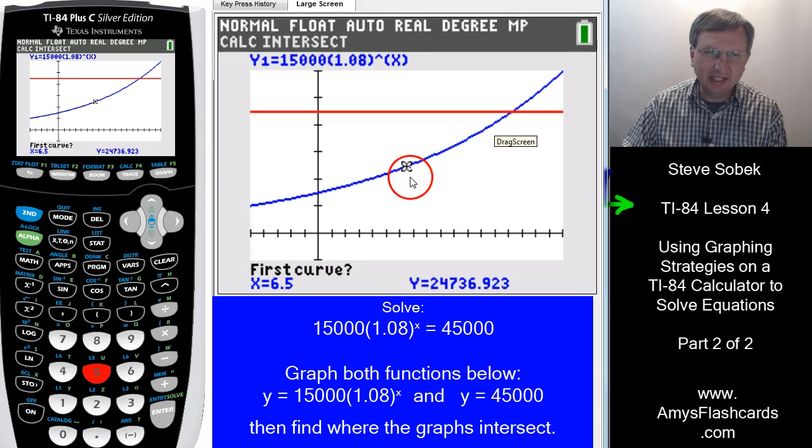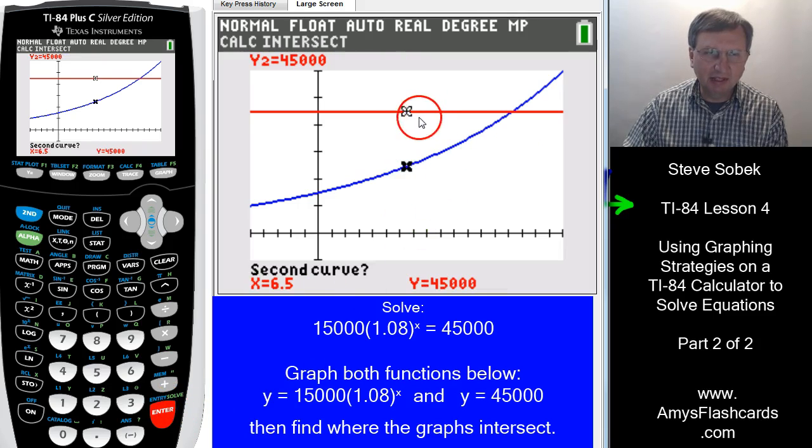So obviously, yes, that is the first curve. So we'll hit enter. Now it's blinking on this red constant function, and it's asking, is that the second curve? Yes, so we hit enter, enter.